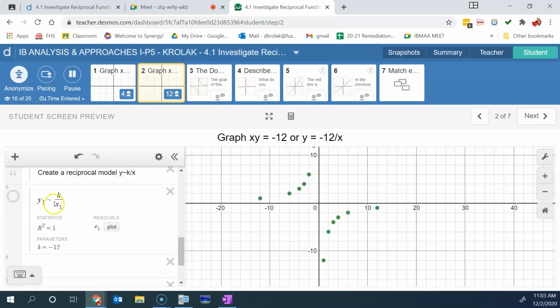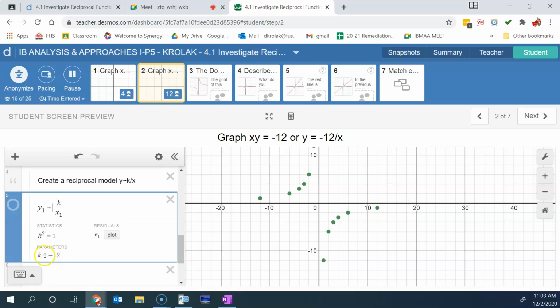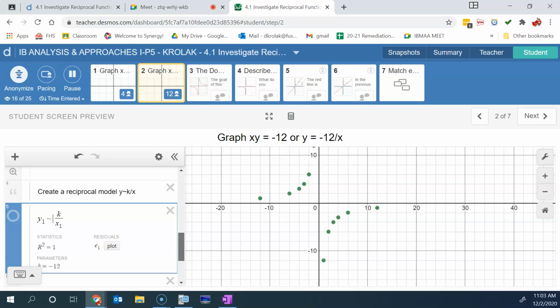And then there's my model. And if you look, it made the K value negative 12. And if I just click on it, there is my function. That's the hyperbola that I get.